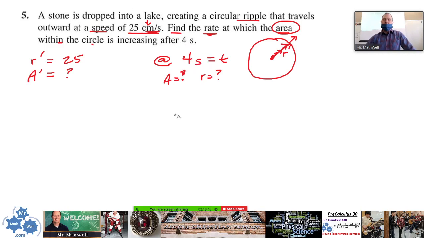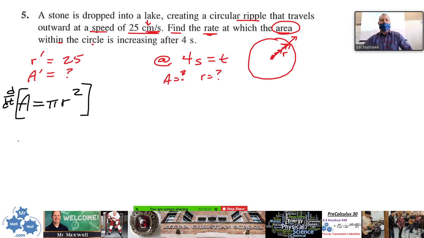The next step in these questions is to find the equation that relates A and r, area and radius. For a circle, that's a slam dunk. The area of a circle is pi r squared. Now I'm going to implicitly differentiate with respect to time.